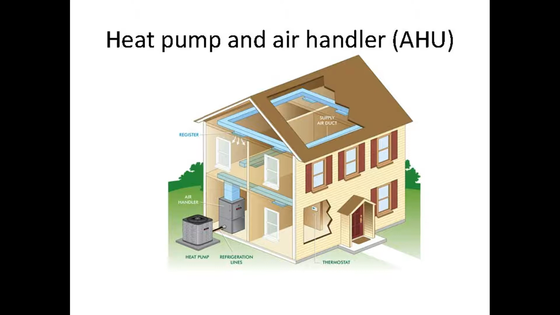Okay, so if you see the heat pump machine sitting outside the house, that's half of what you call a split system. And you have the outside heat pump, which is connected by refrigerant lines, and it connects to the indoor air handling unit.